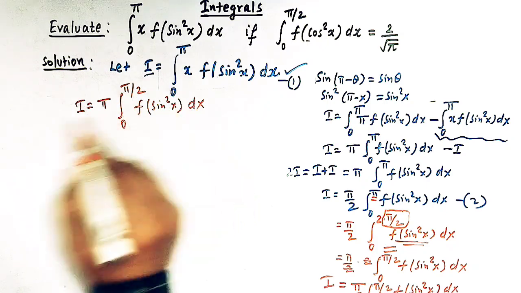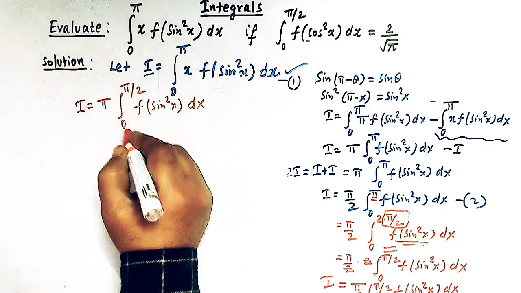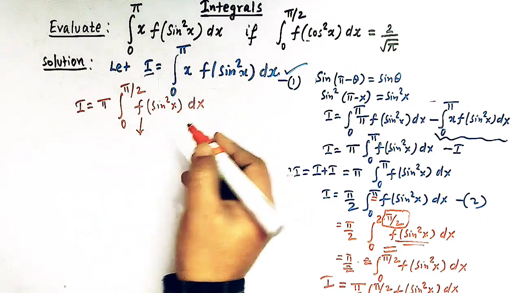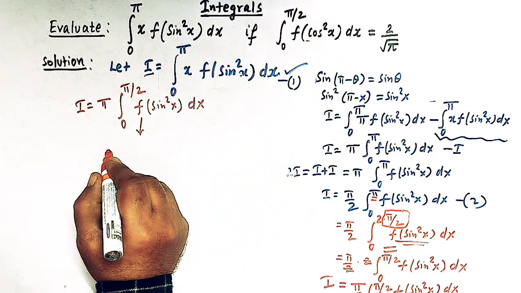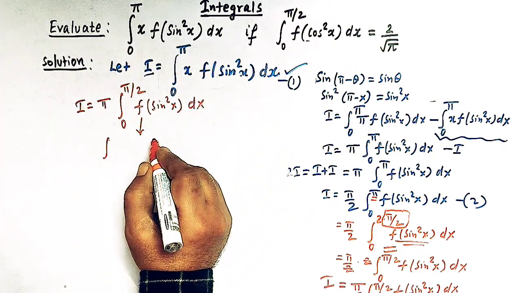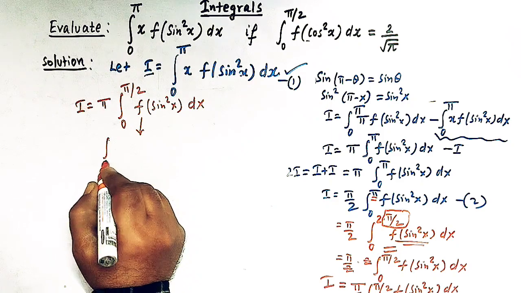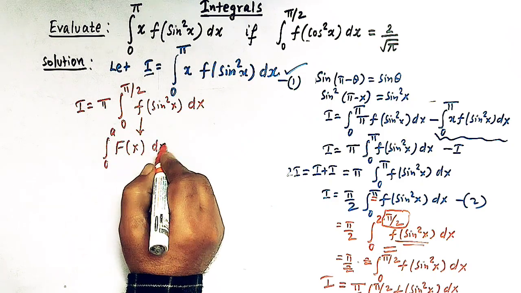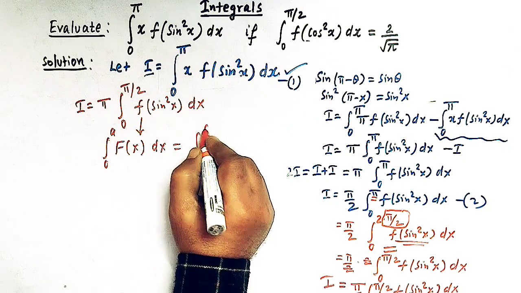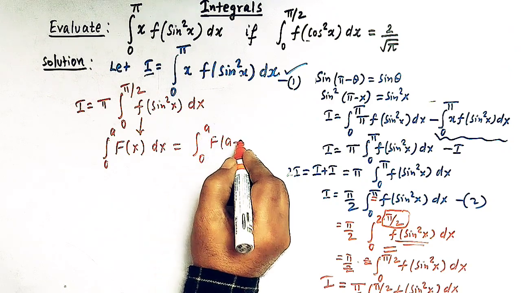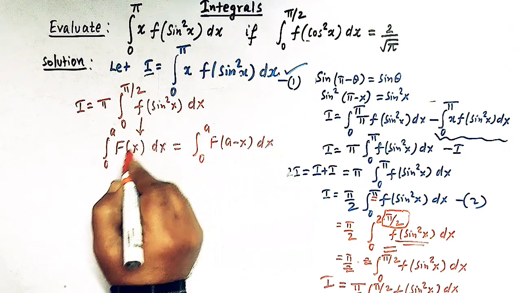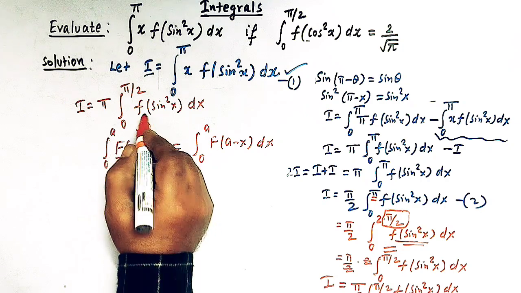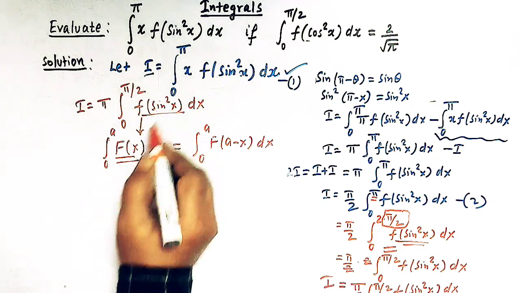So now this integral I is equal to this one, pi times the integral from 0 to pi by 2 of f of sine square x dx. Now let us again apply the property of definite integrals which we applied initially, that is the integral from 0 to a of capital F of x dx is equal to the integral from 0 to a of F of a minus x dx. So here this capital F of x is equal to f of sine square x.